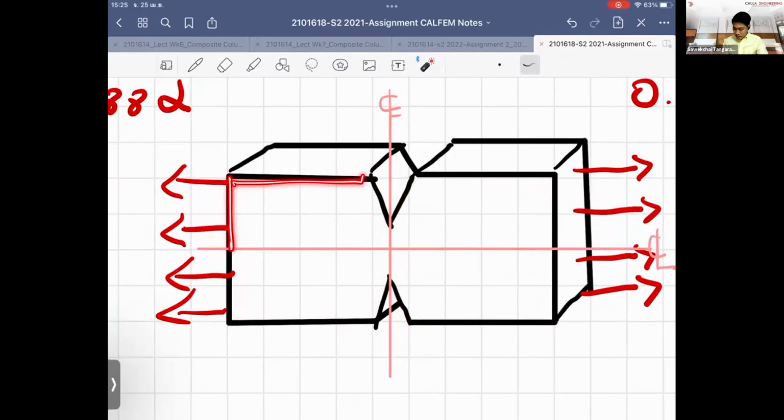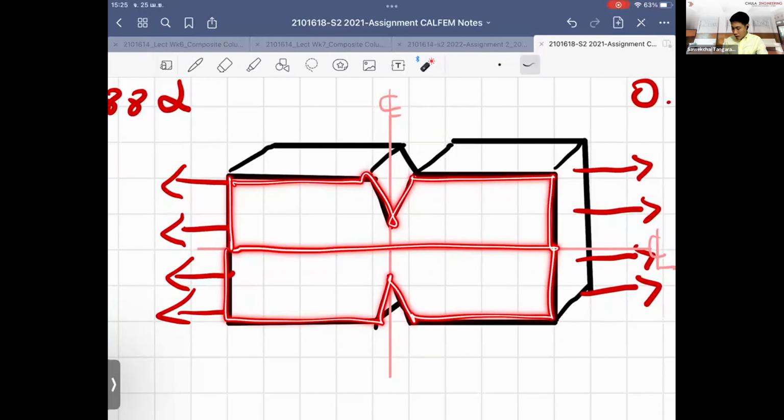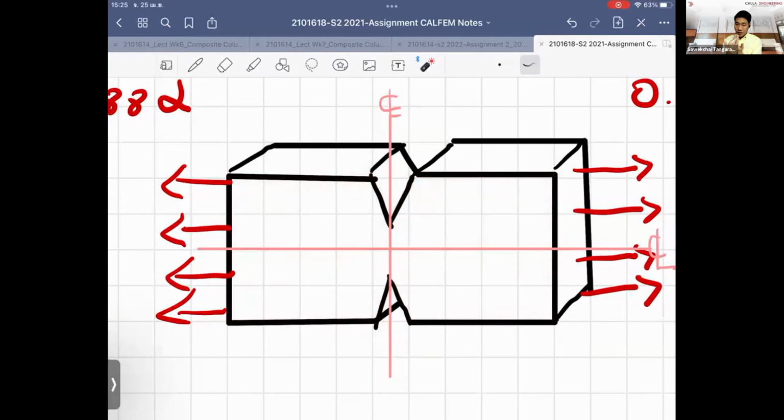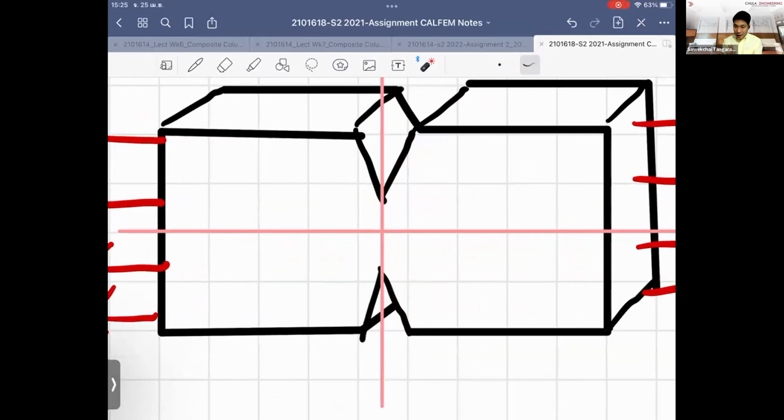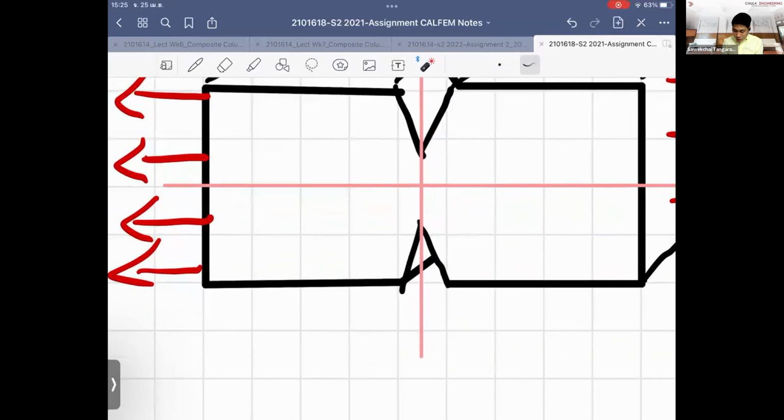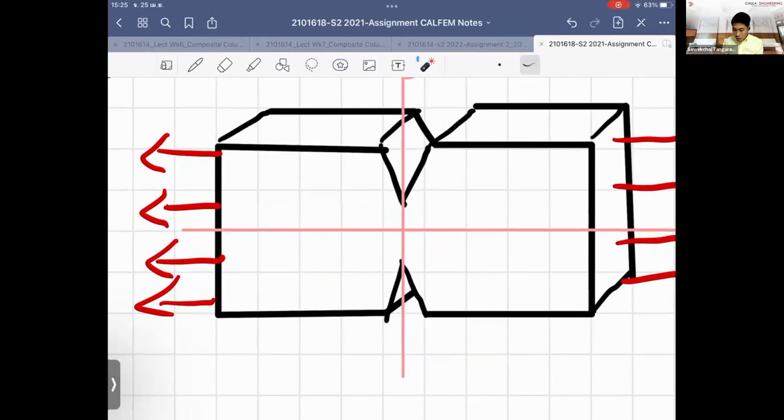The response of the specimen at the top part will be identical to the one at the bottom on the opposite side. So, as I mentioned before, we don't need to model this problem as a whole. We just decide to model the problem by taking only a quarter of it.